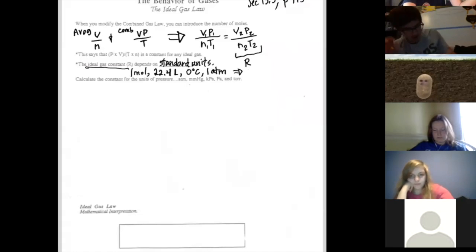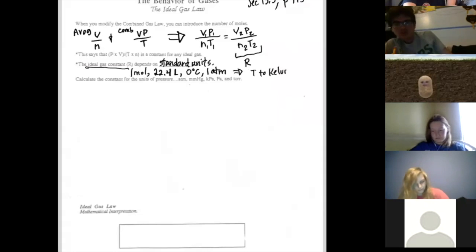Okay, temperature, 0 degrees Celsius, 1 atmosphere. Now, the one thing that you need to make sure that you always do is convert the temperature into Kelvin. You have to have the Kelvin temperature in gas laws, not Celsius. That's always important.